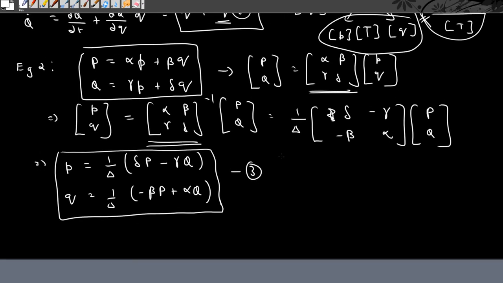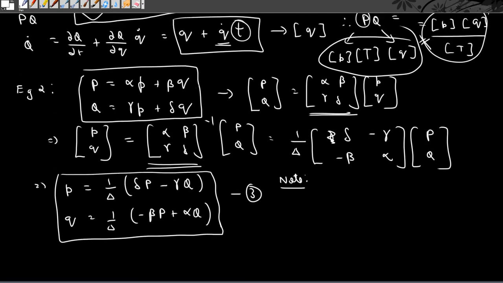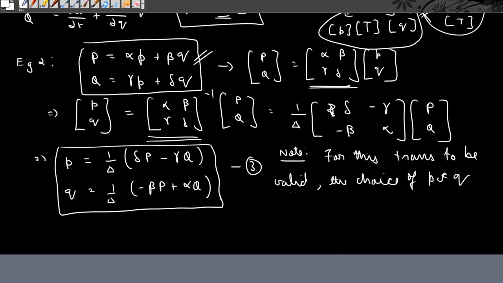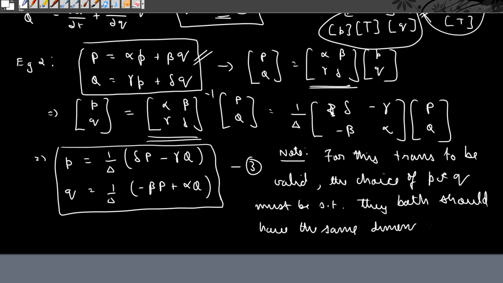Now let us make note of the following. For this kind of transformation to be valid, the choice of P and Q must be such that they both should have the same dimensions.